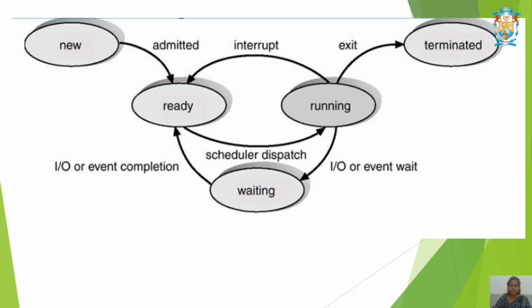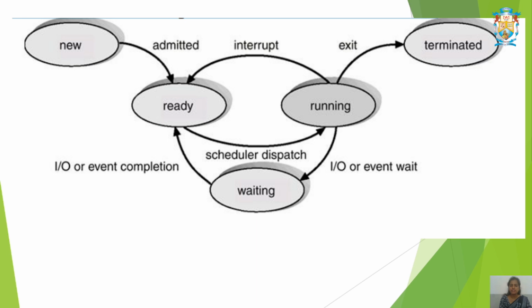So now this is a graphical representation of the process states. We have running, ready, waiting, new and terminated. First it will be in the new state. Once it is ready for its execution, it changes its state to ready. After which the CPU will run the process, and it changes its state from ready to running.